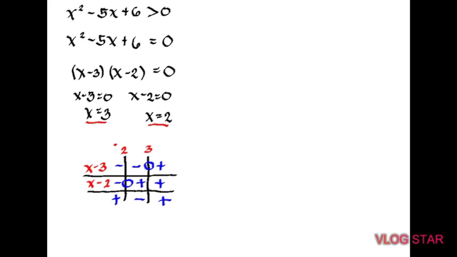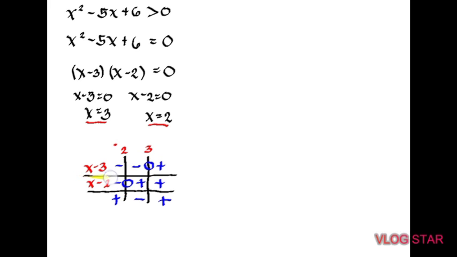So as you can see here in this illustration, we have 2 vertical lines and 2 horizontal lines. And if you'll notice, we wrote the values of x above the vertical lines. We have 3 and 2. So we took them and wrote them above the vertical lines, in which we wrote first the smaller value of x, which is 2, followed by 3.